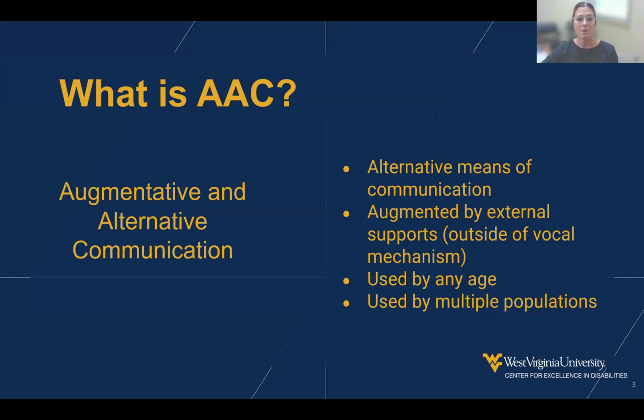There are approximately 4 million children and adults in the US who are using AAC. So it is definitely something that is widely growing and more talked about now, which is great. And hopefully something that we talk about today will fit with what you're needing.